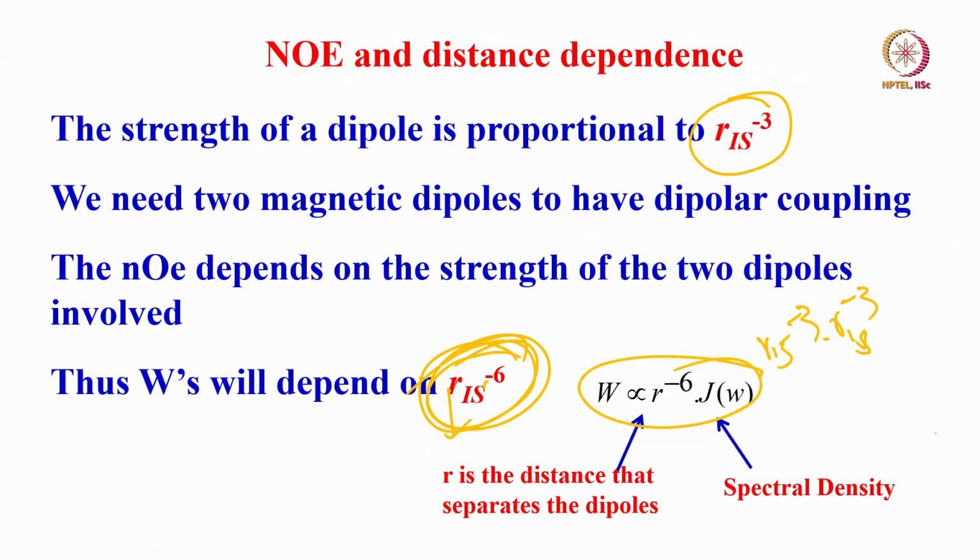W is given by r to the power of minus 6, where r is the distance between the two dipoles, that is, the two nuclear spins that are separated, and J(omega) is the spectral density. So, enhancement in the signal intensity depends upon r and spectral density together.